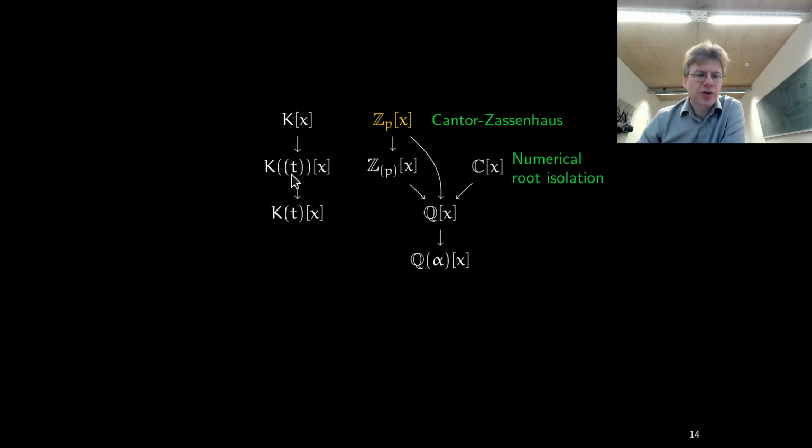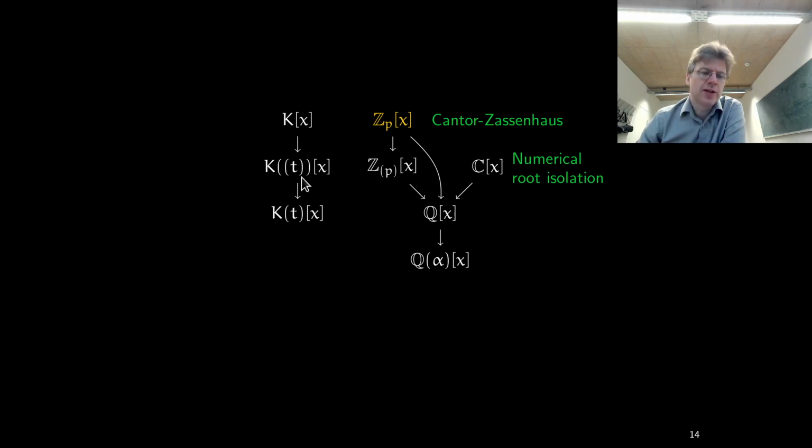Not so much because it's interesting in its own right, but more because this is easier to understand, and when you have this in mind, then it's easier to see what we will later discuss when we move to this area here. So this here is also not explicitly included in the book of von zur Gathen and Gerhard, but I'm including it here mostly as a preparation for, or as a motivation for the techniques that I will later discuss here and there.